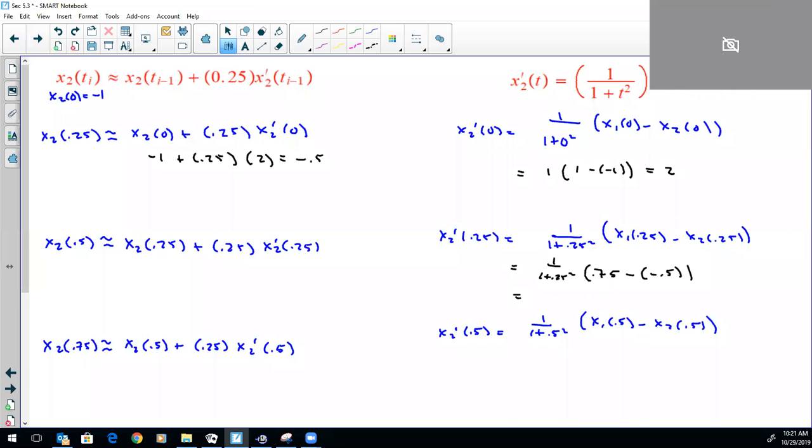Okay, so when you get this, sorry I had to pause there. I wanted to make sure I was getting the right answer. It didn't sound right, so I checked it by some other computations that I had, and it was right. This is 1.176470588 and so on. Okay. So this thing is x2 of 0.25, which is minus 0.5 plus 0.25 times all of that.